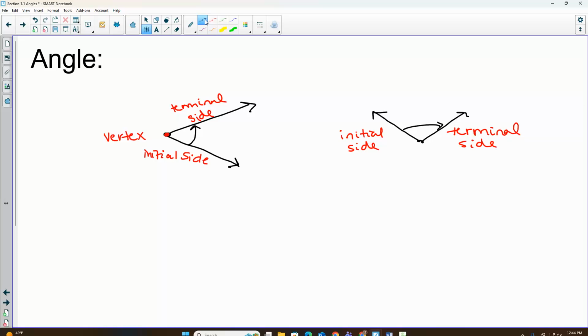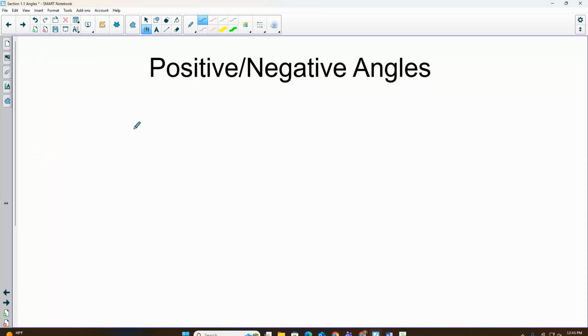We are also going to talk about positive and negative measurements for our angles. So let's say this is my initial side, and this is my terminal side. There are two ways I could draw an angle, starting at the top and ending at the bottom. One looks like this. What would be the other way I could start here and end down at the bottom?